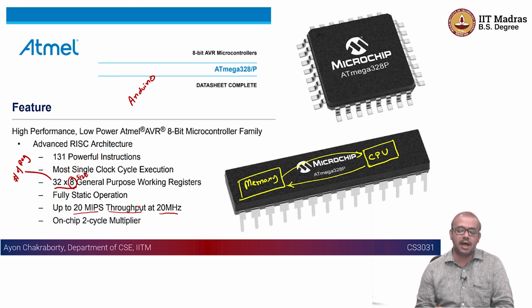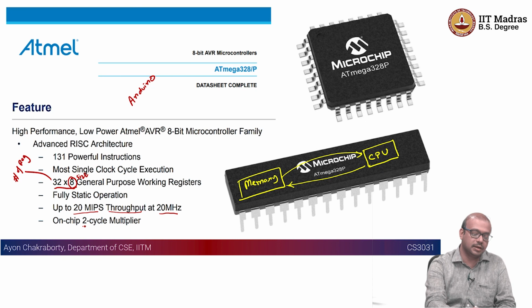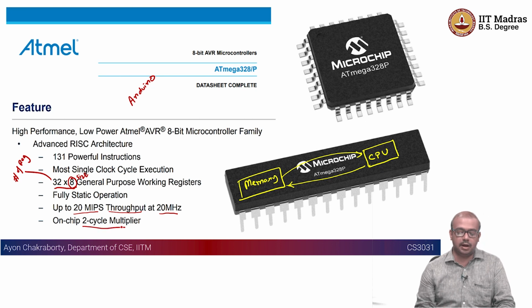Many processor designers have things that they can boast about. So they have an on-chip 2-cycle multiplier. They have clearly stated that we have a multiplication operation. So this is your ISA, right? Suppose I am looking for a CPU that supports multiplication. Maybe there are other CPUs in the market in a similar price range, but they do not have a multiplication operation.